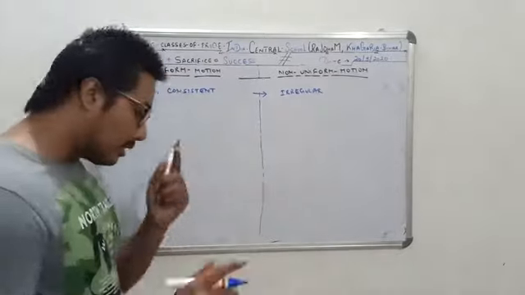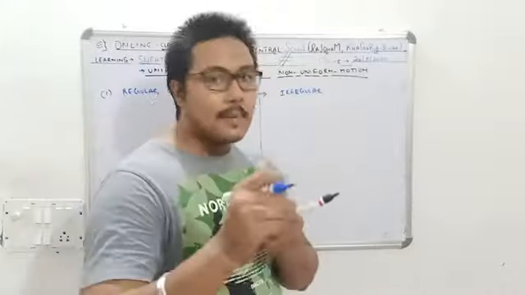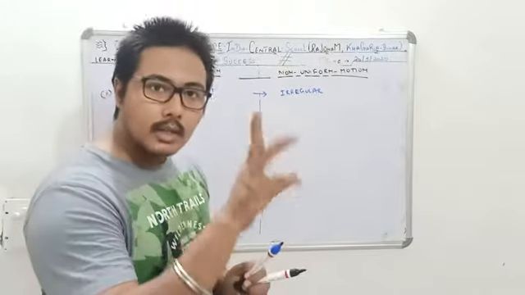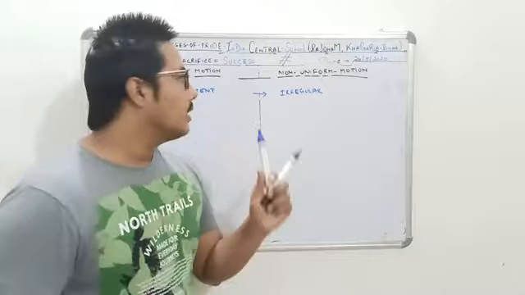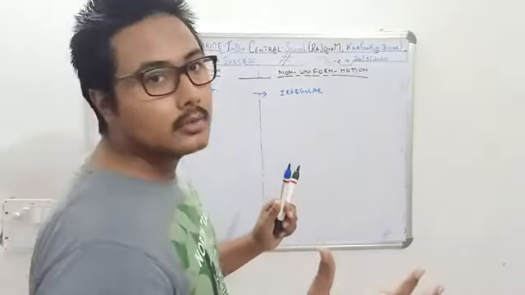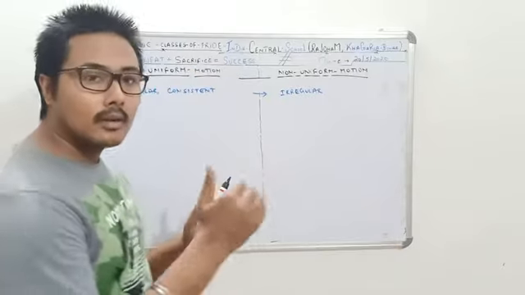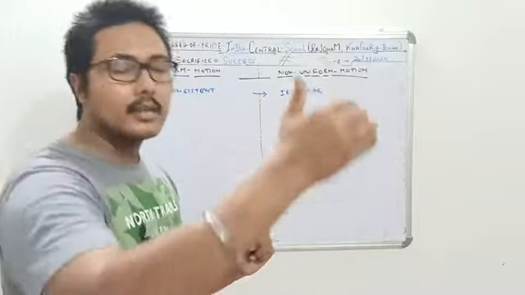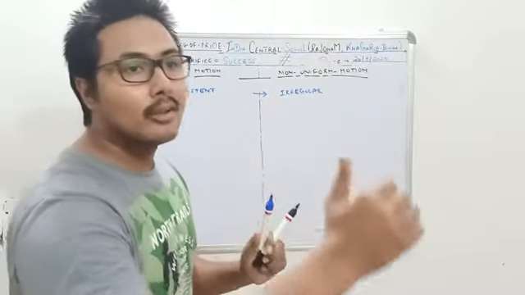As you might have studied in class 8, in the chapter on light, regular reflection and irregular reflection. Reflection from a smooth surface is regular reflection, and reflection from an uneven surface is irregular reflection.